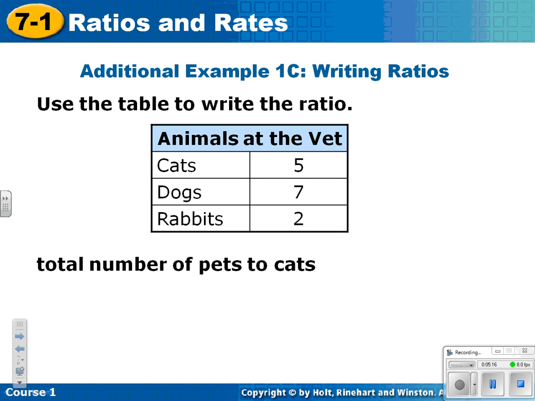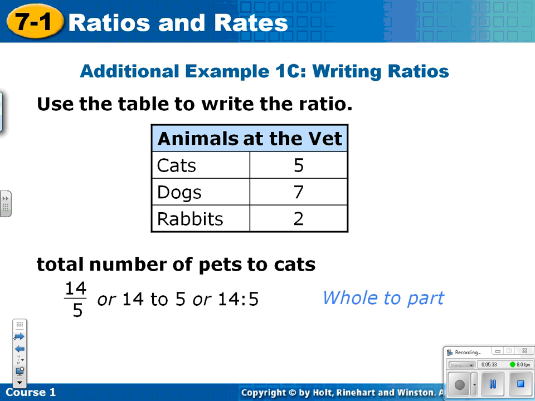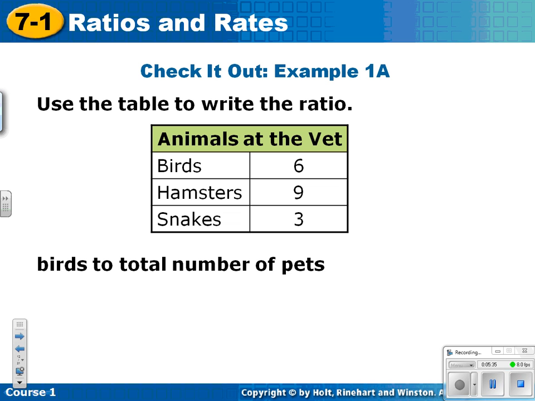Part to part, part to whole, whole to part. Whole, because it asks for the whole thing, to part. Whole to part. Birds to the total number of pets. Got to do some math.